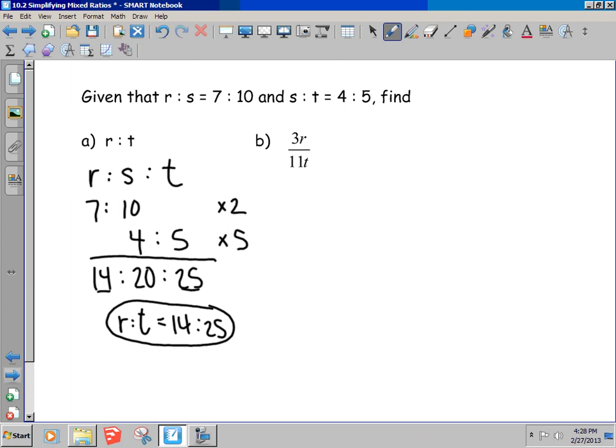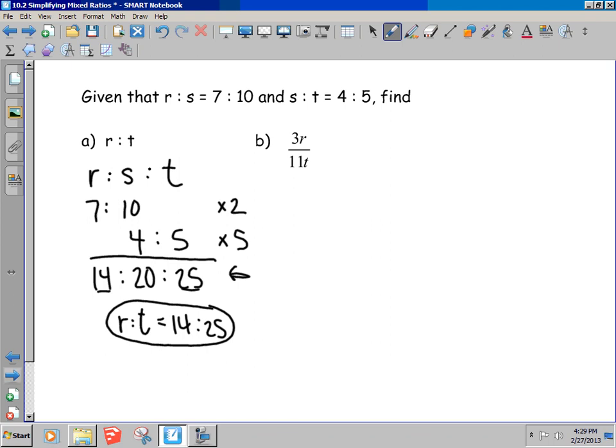I hope so. All right, in letter B, we're taking the same relationships, but they want us to write the ratio of 3R to 11T. Well, what does 3R mean? It means 3 times R. So you want to make sure that you're using the numbers in the ratio where they've all been made into equal sized pieces, which means we want to use these numbers over here.